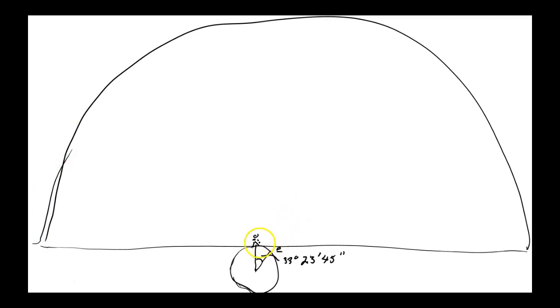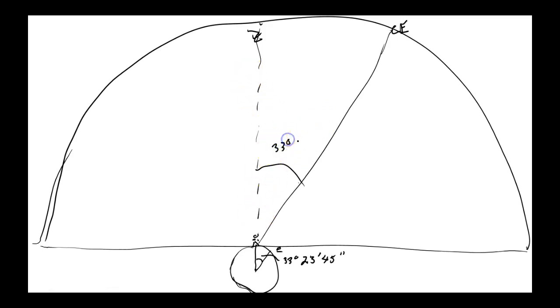Now, the celestial, and here we are. And by the way, directly overhead here is our zenith. Directly overhead on the celestial sphere. And that means about that, this would be our celestial equator. So in our zenith here, this would be 33 degrees, 23 minutes, and 45 seconds.